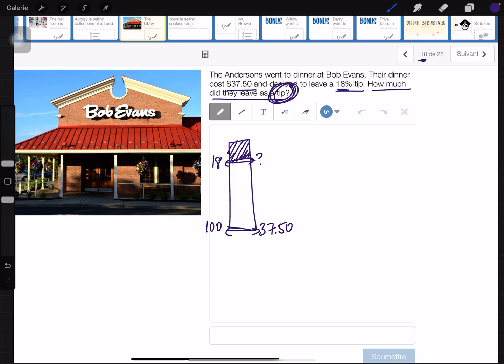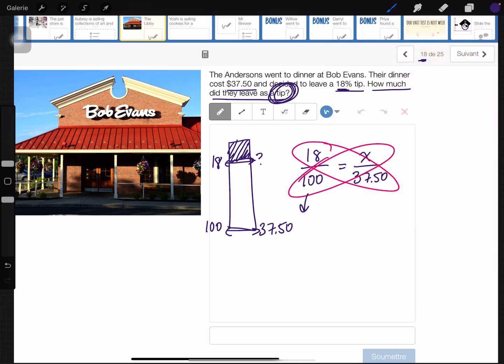All right, I've got this set up, and I can go ahead and write this out. So 18 over 100 equals my question mark, my x, over 37.50. Now, as always, I can cross multiply.